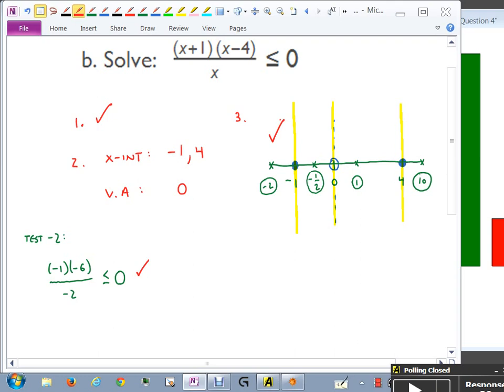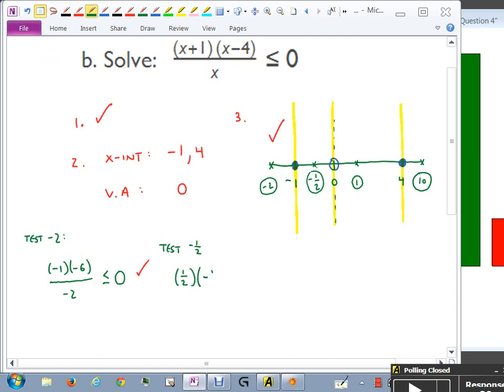Plug in negative 1/2. So in the top, what's negative 1/2 plus 1? That's just a half. And then what's negative 1/2, take away 4 more? Well, it's a negative number, right? Still, negative 4.5, you could say.